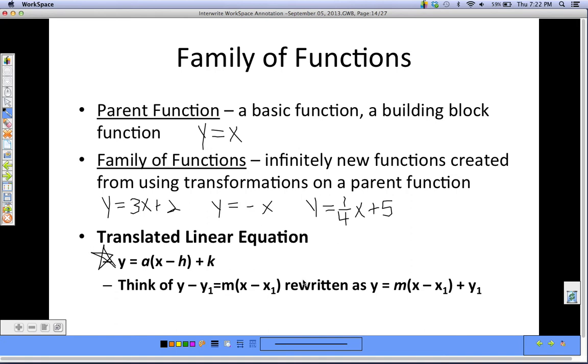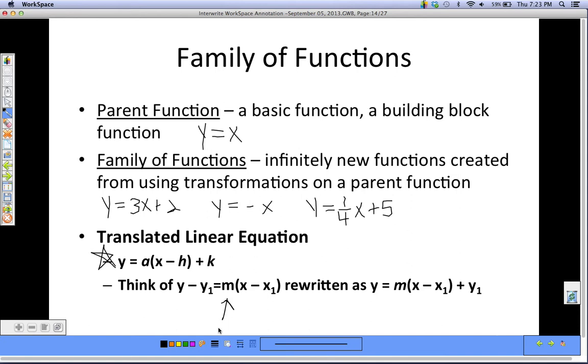For today, a way you can think of this is the point-slope form. We can rewrite that form so that we have the plus y1 on the other side, and that gives us the same thing for this translated function for a linear equation.